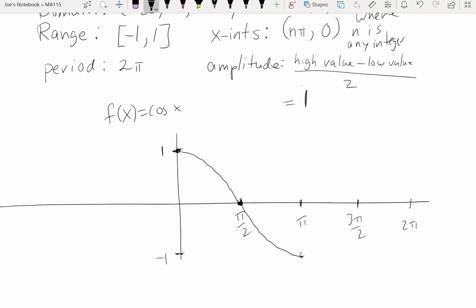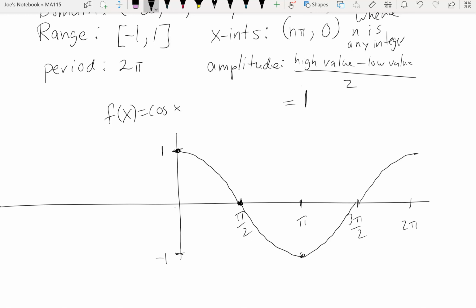From pi to 3 pi over 2, what quadrant are we in? Third. So it better be still negative, right? But by the time we get to 3 pi over 2 and go to 2 pi, it has to be positive. So we better cross the x-axis at 3 pi over 2 and then back up to 1 at 2 pi. So this is one period of the cosine function.